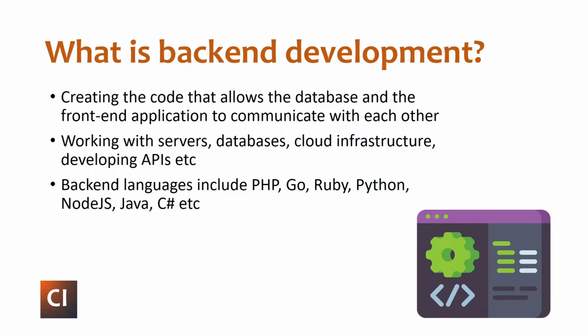And there are so many back-end languages out there, not just PHP. We have Go, Ruby, Python, Node.js, Java, C#. There's a whole lot of languages out there. But the fun part is that as you advance in your programming career and become more experienced, it gets easier to pick them up. Don't take these as "I'm a PHP developer, I'm a Go developer, I'm a Ruby developer."